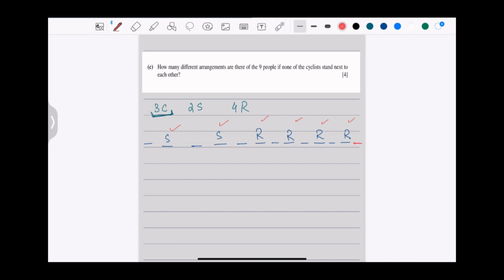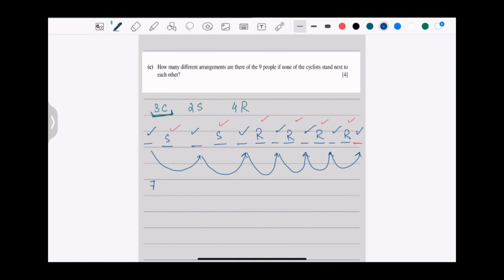So the cyclists can only come in these places. There are 3 cyclists. They can come separately here. That's how they will be separated. So out of 1, 2, 3, 4, 5, 6, 7 places, we can choose 3 for the cyclists.